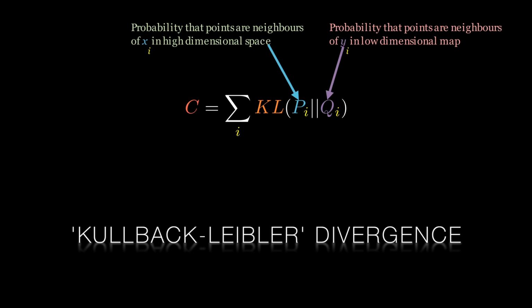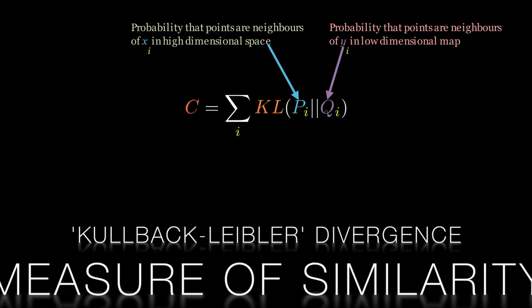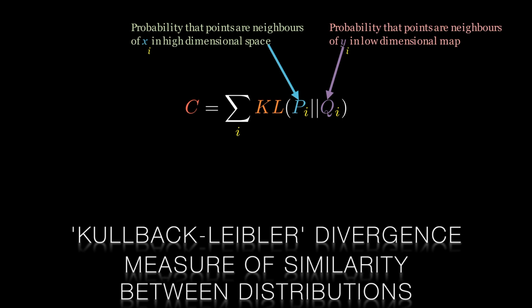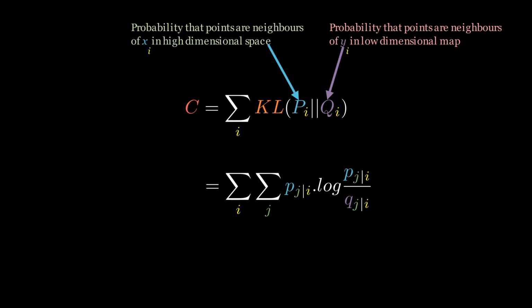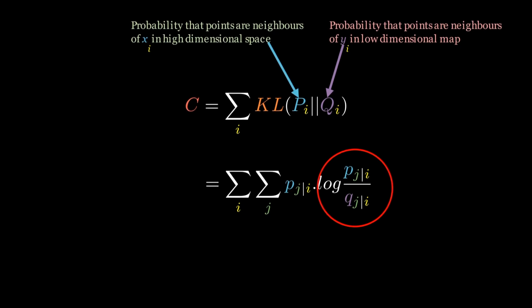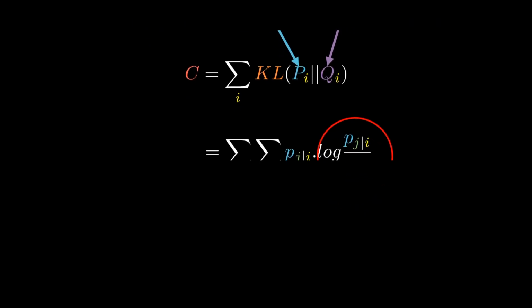I'd not heard of this until I started diving into t-SNE. The equation is shown on your screen. We want to measure the divergence in the distributions between our high dimensional space P and our low dimensional map Q. The expansion of this formula is shown here. We can see that the KL divergence is 0 when P is identical to Q, as the logarithm of unity is 0.